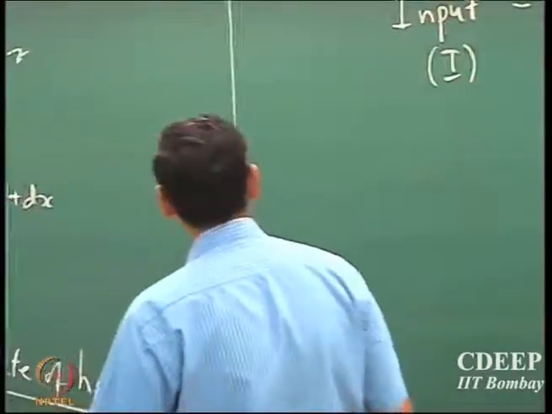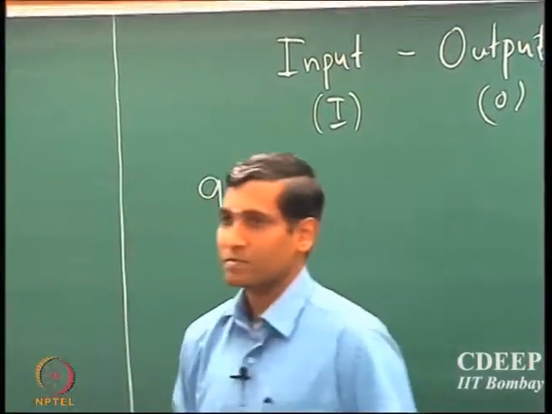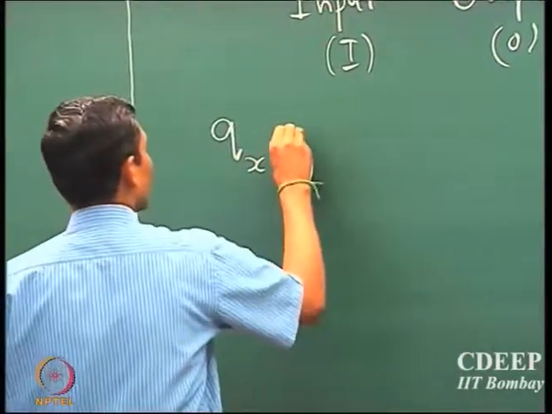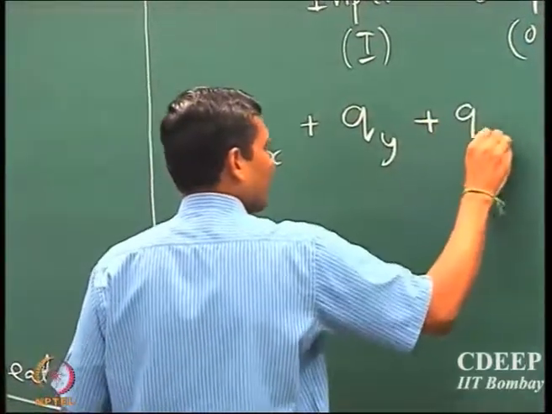Alright, so what is the input to the system? The heat input is Qx plus Qy plus Qz.